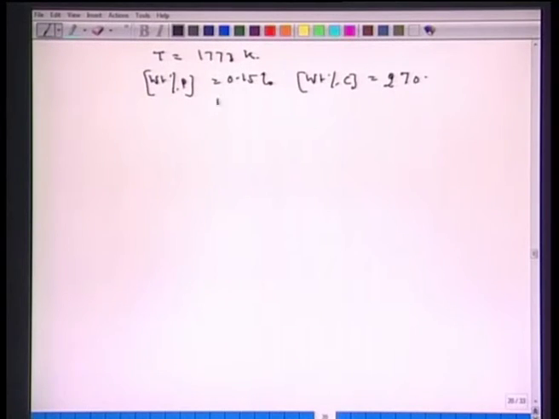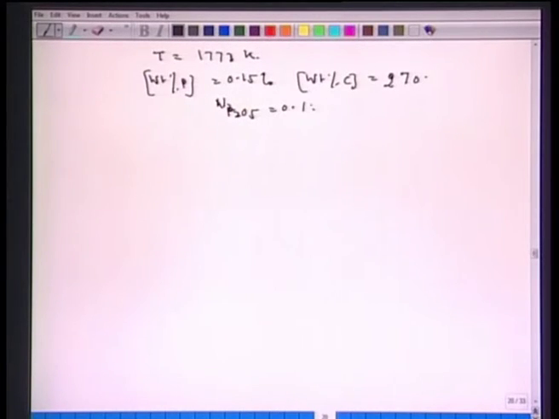Now, let us do some simple calculation. Say I take temperature equal to 1773 Kelvin, wt percent phosphorus 0.15%, wt percent carbon in metal 2%, and Np2O5 let me take 0.1.